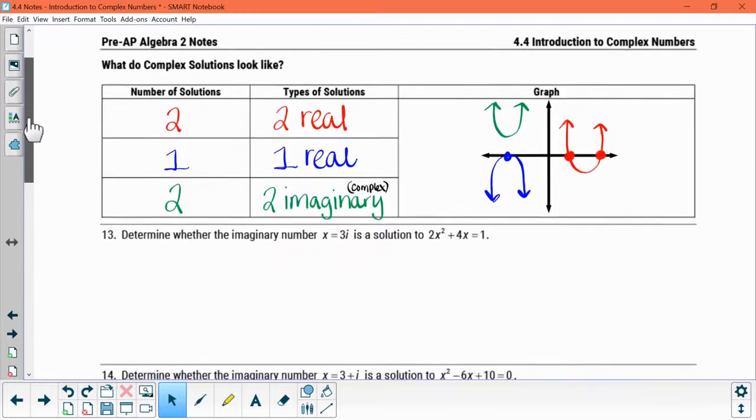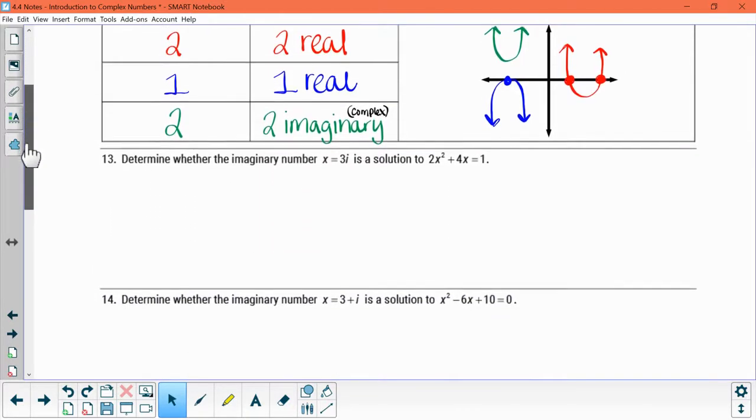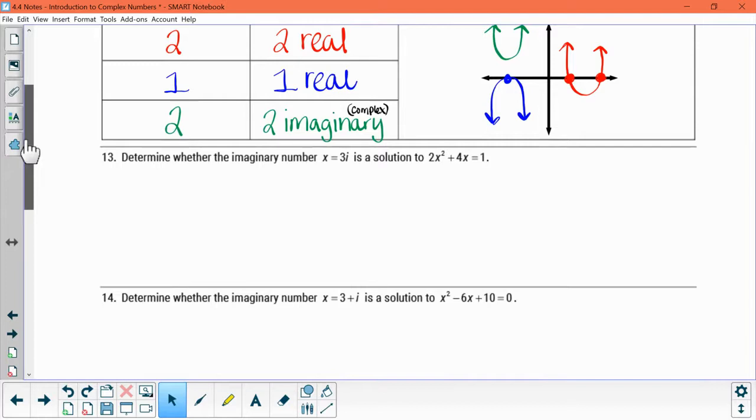So let's go ahead and try to see if we can figure out, is a value a solution to a quadratic equation? These are super easy because all we have to do is take the given value, in this case it's x equals 3i, and plug it in everywhere we see an x in our equation. So I plugged in 3i everywhere there was an x.